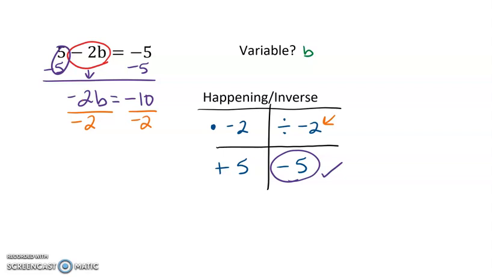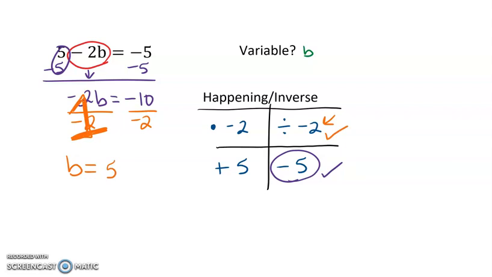Negative 2 divided by negative 2 gives me a positive 1, which is why we need to divide by the negative. So I'm left with a positive 1b, or just b, equals negative 10 divided by negative 2, which gives me a positive 5. Now we've divided both sides by negative 2.